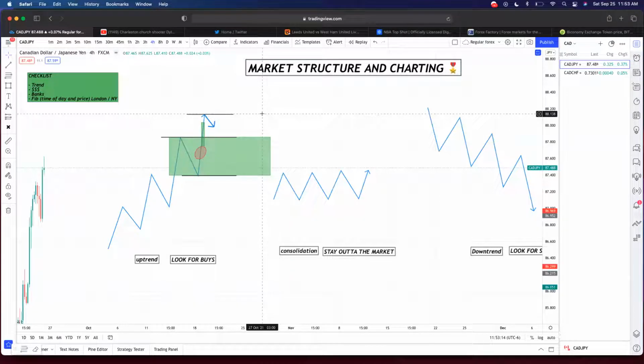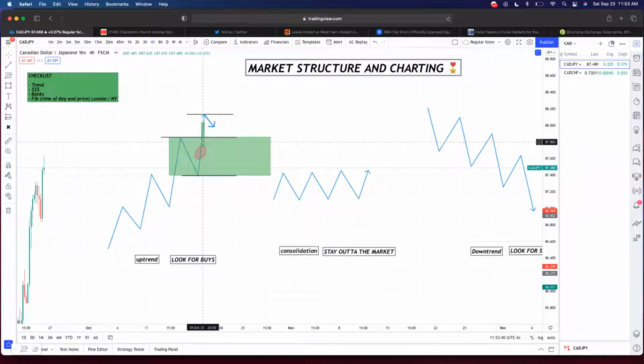I'm emphasizing this because when I started out, I struggled with this concept a lot. When they say things like break and close, break of structure, all that stuff, I didn't really understand it. Hope this makes sense, that this is a break and close of structure. We need price to close above.